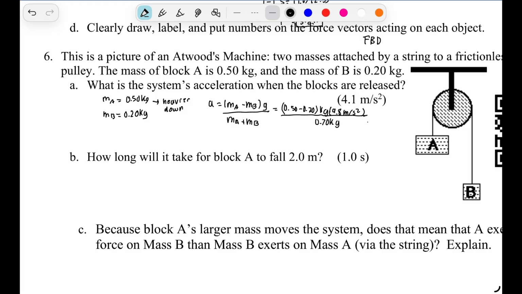This is going to equal 4.2 meters per second squared, which is approximately 4.1 meters per second squared.